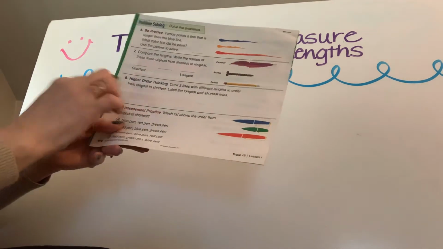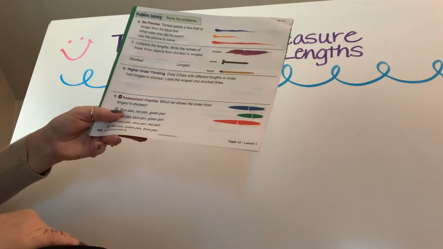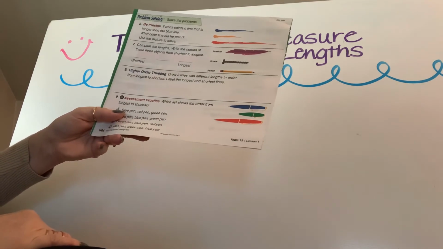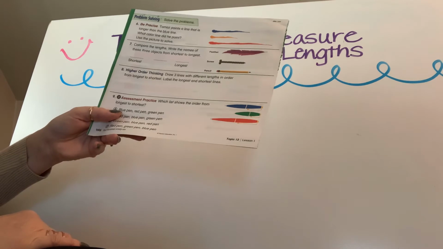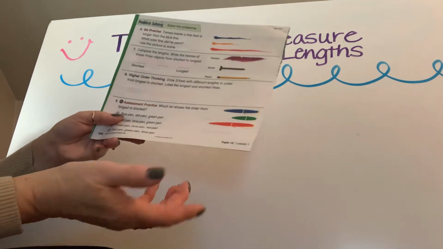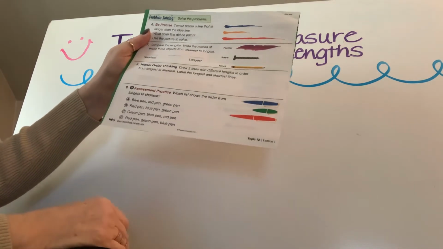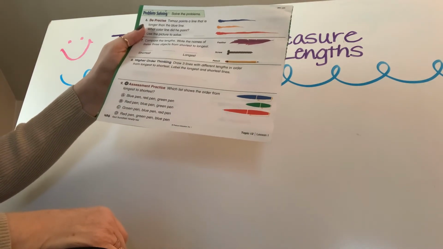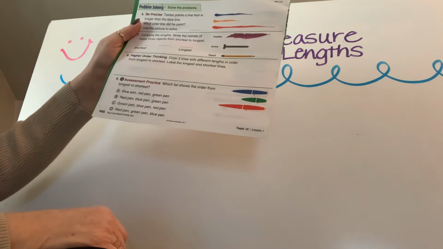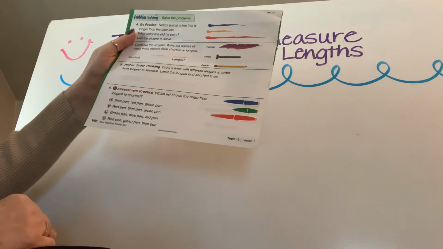Okay. Number 8, it's a hot question, okay? Draw 3 lines with different lengths in order from longest to shortest. Sounds pretty simple, not very hot, is it? Okay, and the last one is number 9. Which list shows the order from longest to shortest?